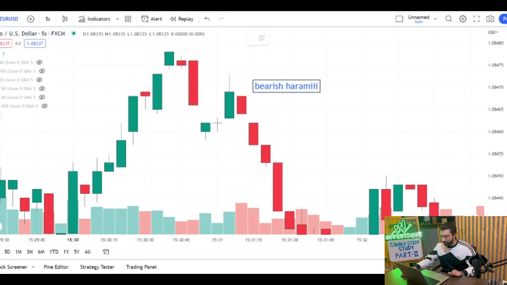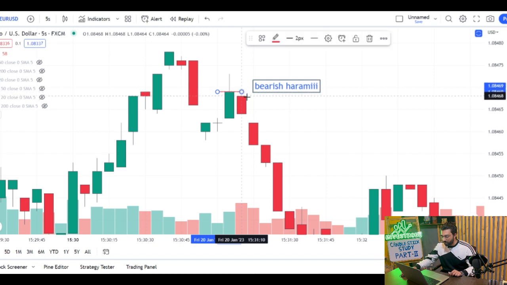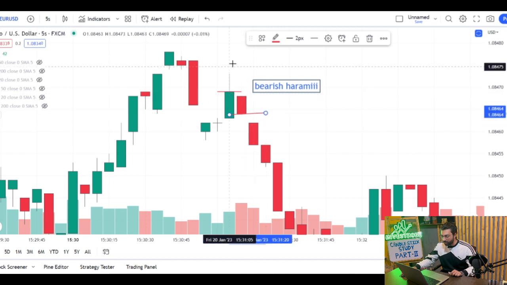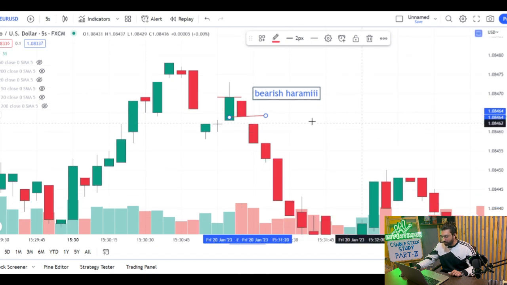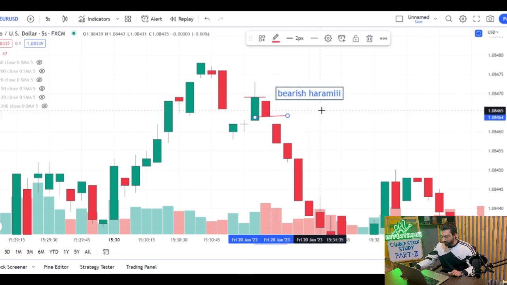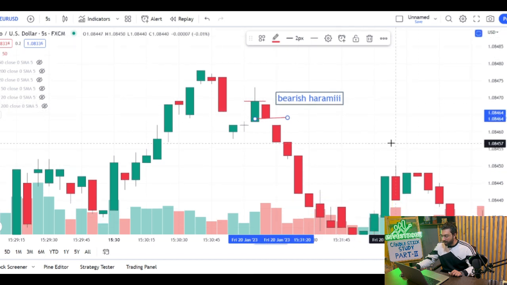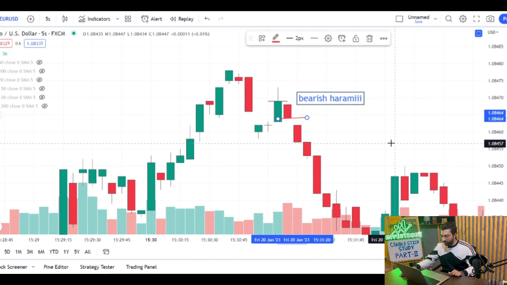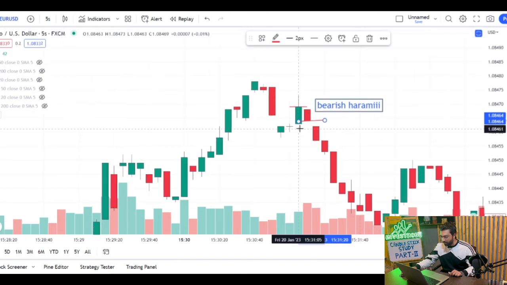Here you can see there is an example of bearish harami pattern. You can see this one is a bullish candle and this one is a bearish candle. This bullish candle can be referred to as a mother candle, and this bearish candle can be referred to as a baby candle. After the formation of this bearish harami pattern, you have to wait for the confirmation, and once the confirmation comes, you can take entry.